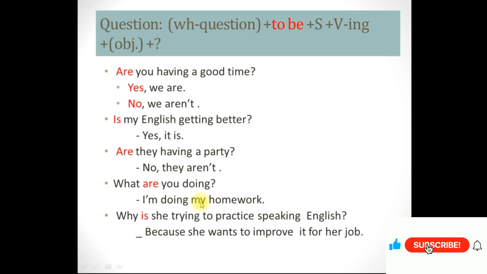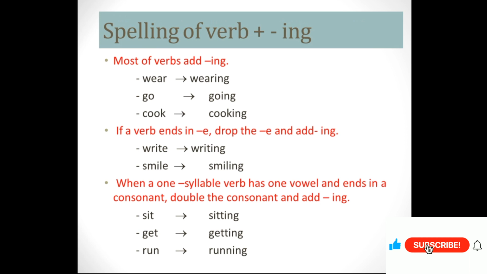Another one is the spelling of the verb-ing. As you have known, when we form the present continuous, we use the verb-ing. Some students make mistakes when adding ing to the verb.